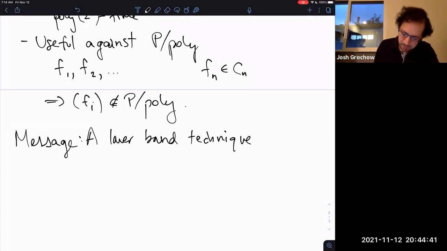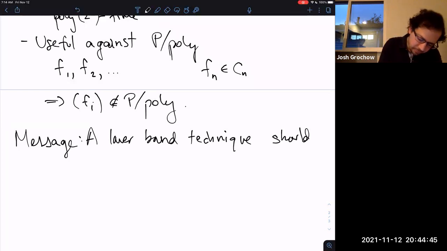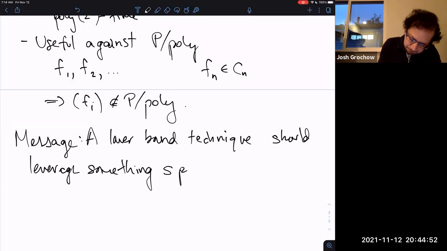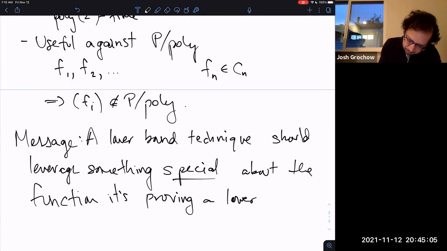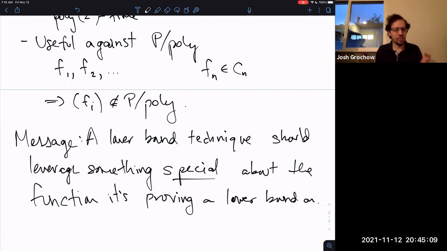Or flipped on its head, what we say is a lower bound technique should really leverage something special about the function it is proving a lower bound on. So this is like the hard function, SAT, permanent, and so on.